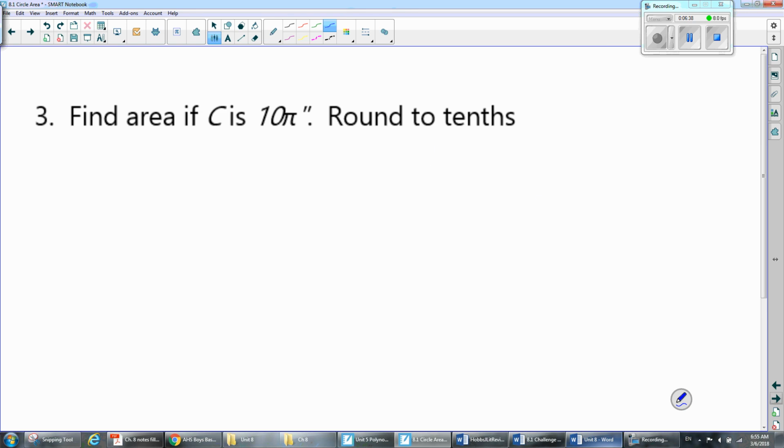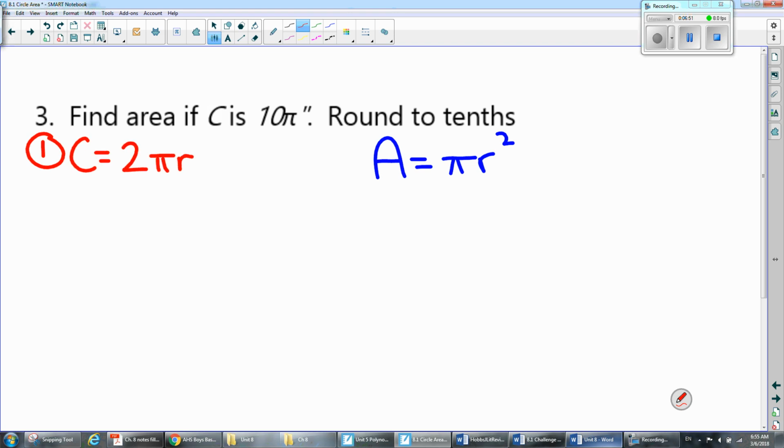Now we want to find the area if the circumference is 10 pi inches. When we're looking for area, we need to use pi r squared. So we need to use the circumference formula first that has the radius in it. We'll do this part second. So plug in what we know. They told us the circumference was 10 pi. That equals 2 times pi times the radius. To solve this for r, we need to divide by 2 pi.